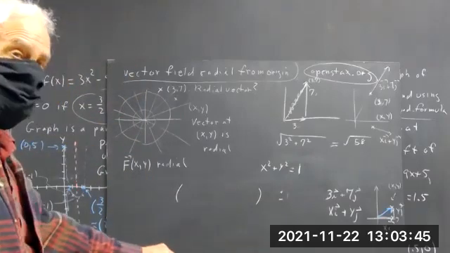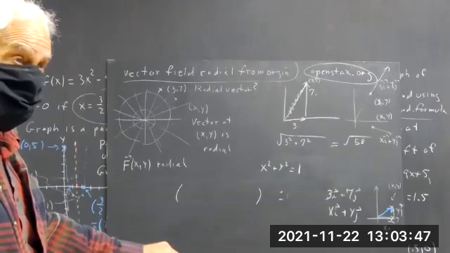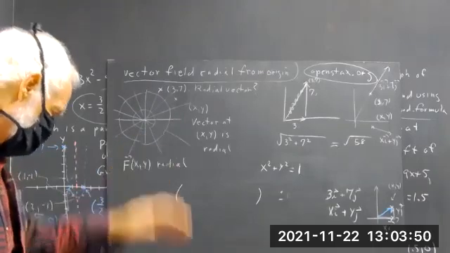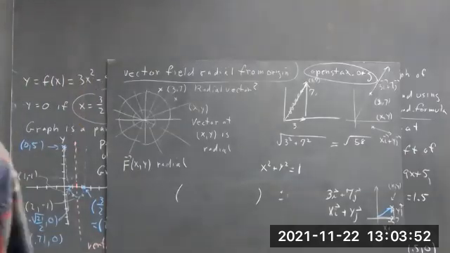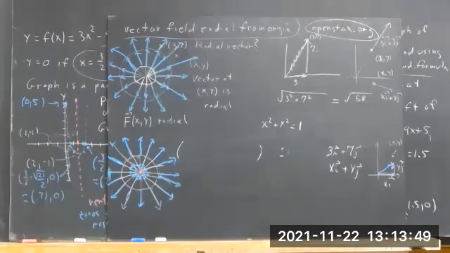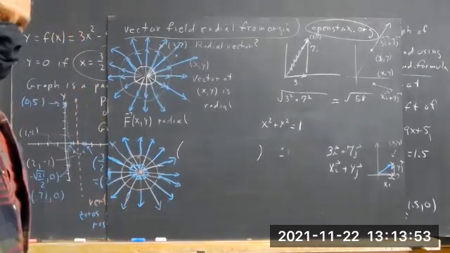But go ahead, I'll let you use the blue chalk because this is a special thing. See if you can sketch what that vector field would look like. Okay, well, we got a pretty good picture finally.